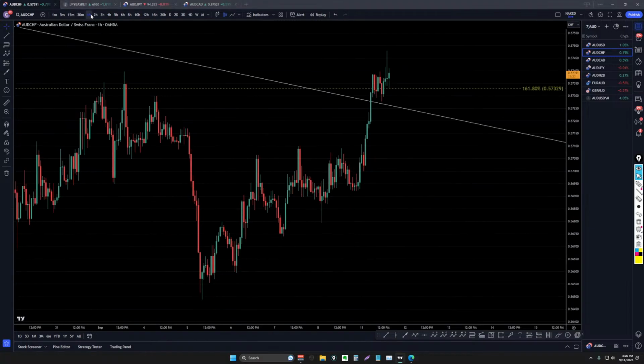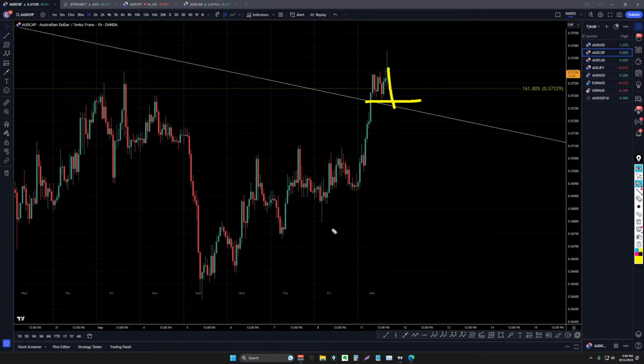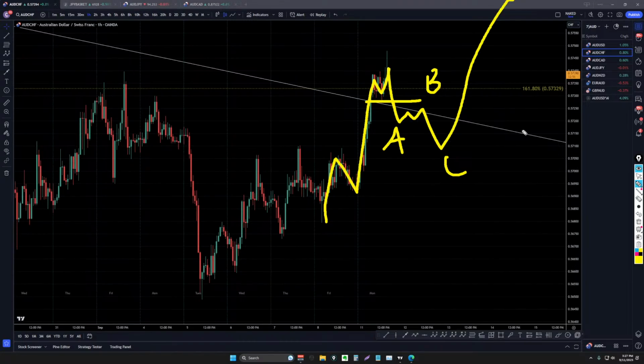So if we go down to the 1 hour time frame, a break of structure to the downside is what's going to tell us this sets and a trend is over. 1, 2, 3, 4, 5. But most likely it's just going to make another ABC correction, I would say. A, B, and C. And then probably back up again.